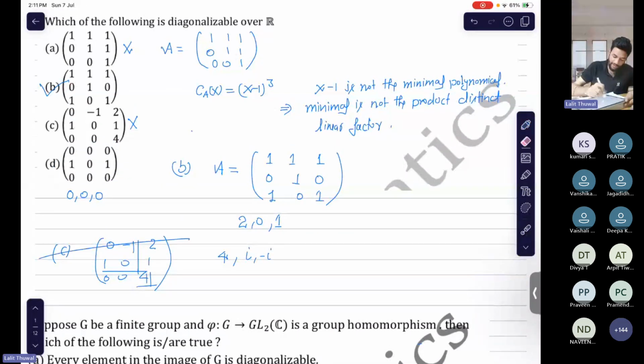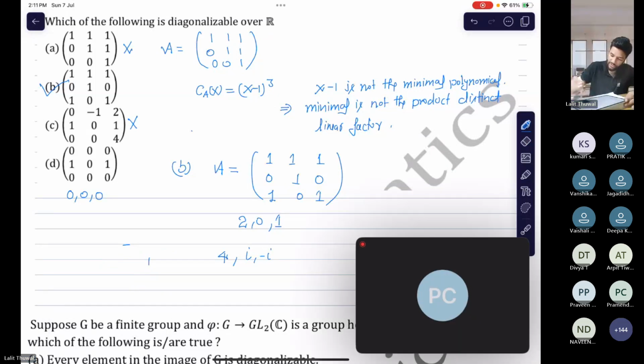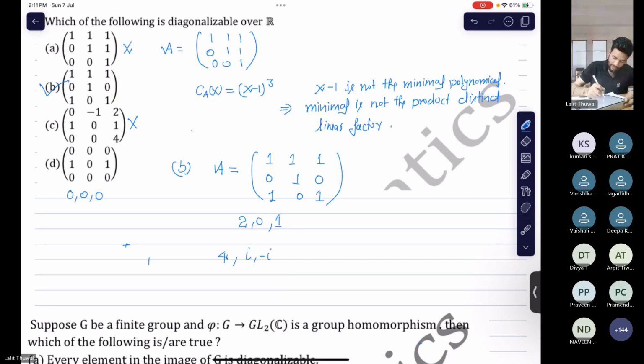So let me tell you in another way, okay? That is why the eigenvalues are 0, 0. So zero is an eigenvalue of, I will call it A, that's clear, right? So the geometric multiplicity of eigenvalue 0 is n minus rank A, where n is the order of the matrix.